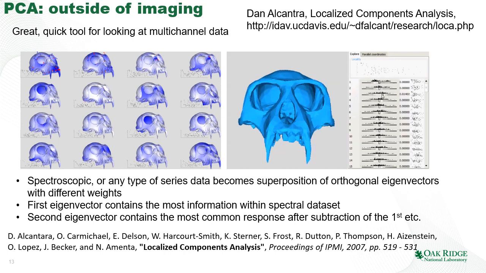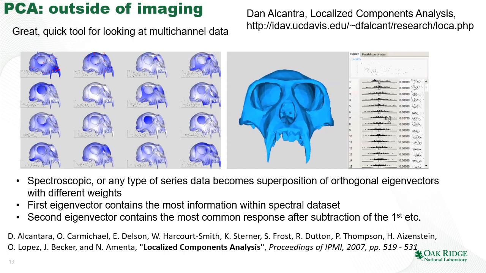The reason you use PCA for this is that it allows you to reduce the large variability of shape between different specimens to relatively few systematic parameters. You're welcome to learn more about Dan Alcantara's work and these publications.